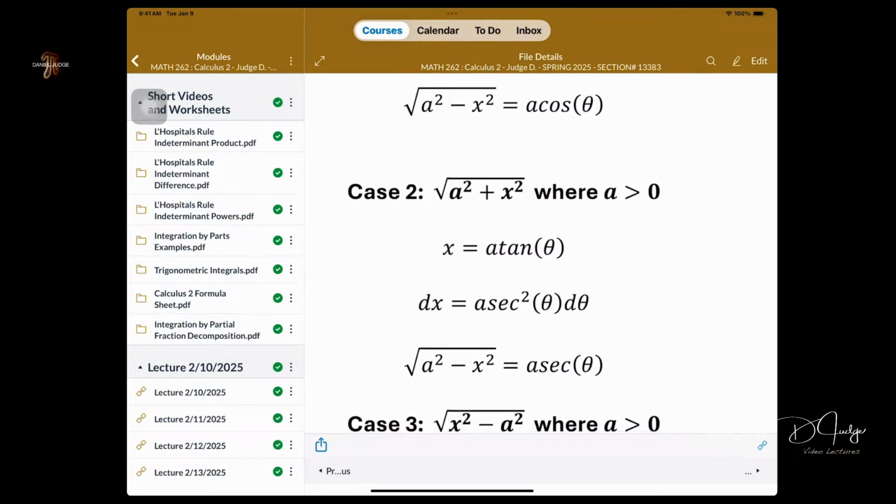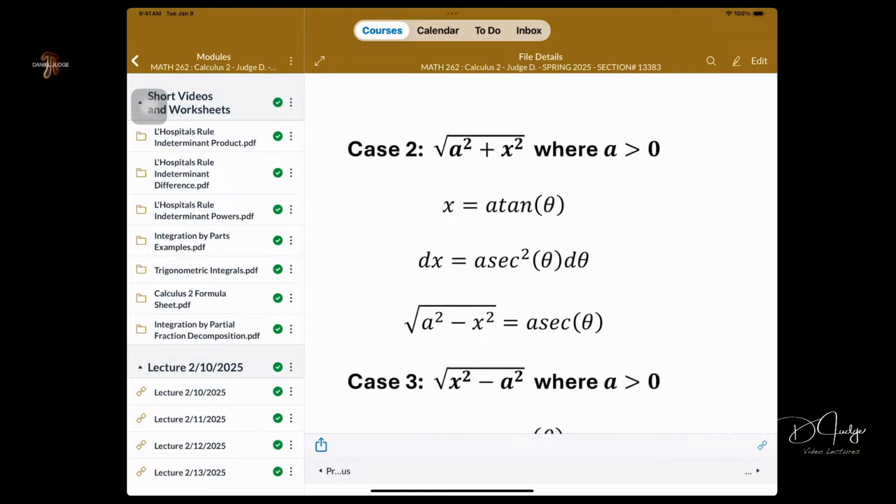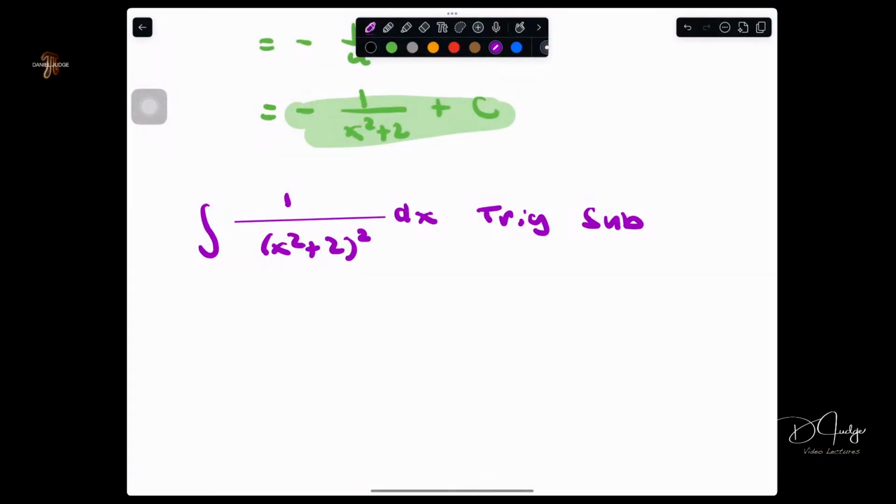It's really case 2 here, where x is a tangent theta, and then the radical is a secant theta, although we don't have a radical. So x is the square root of 2 tangent theta, because the a squared value here is 2, which means a will be the square root of 2.